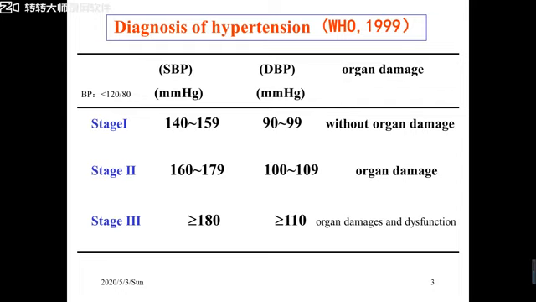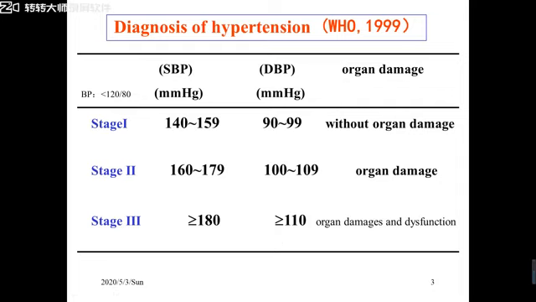And the third stage is serious hypertension. Serious hypertension means patients' systolic blood pressure is more than 180 mmHg, and their diastolic blood pressure more than 110 mmHg.